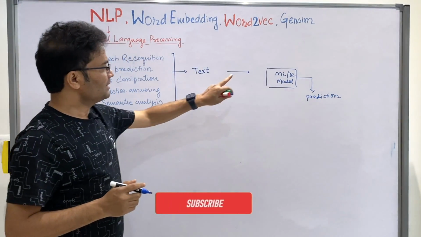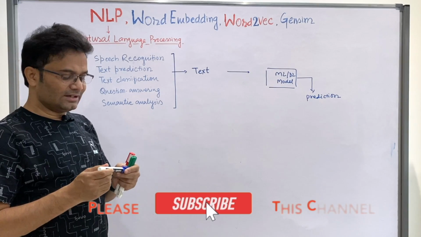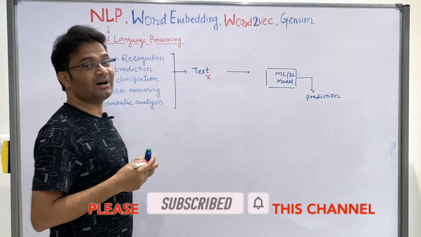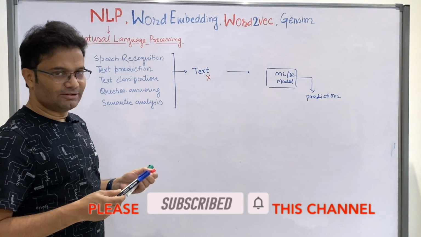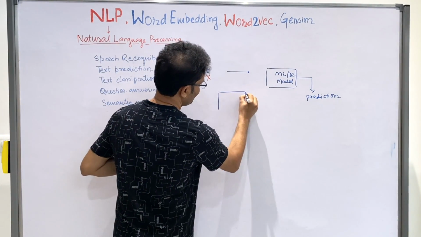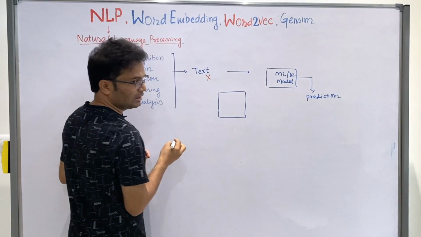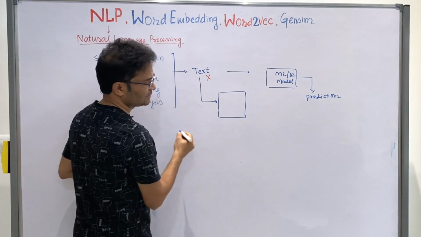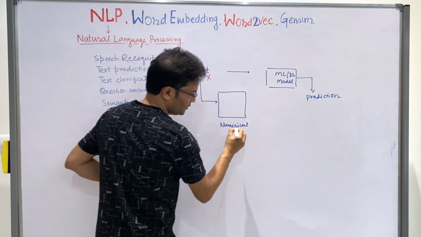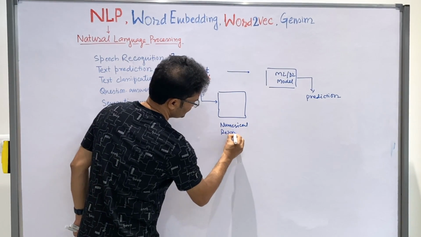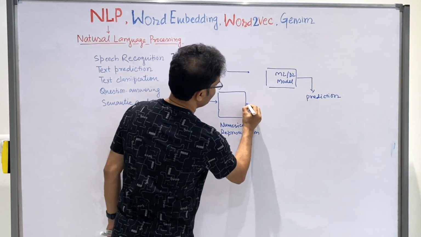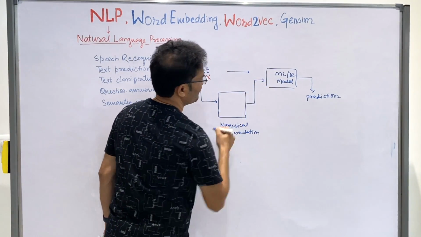But we know a machine learning model can only understand numbers. It cannot understand your text. So you cannot pass text into the machine learning model. So what you have to do is have some system where you can pass this text, and this system converts your text into a numerical representation, and then you can pass that numerical representation into the machine learning model.